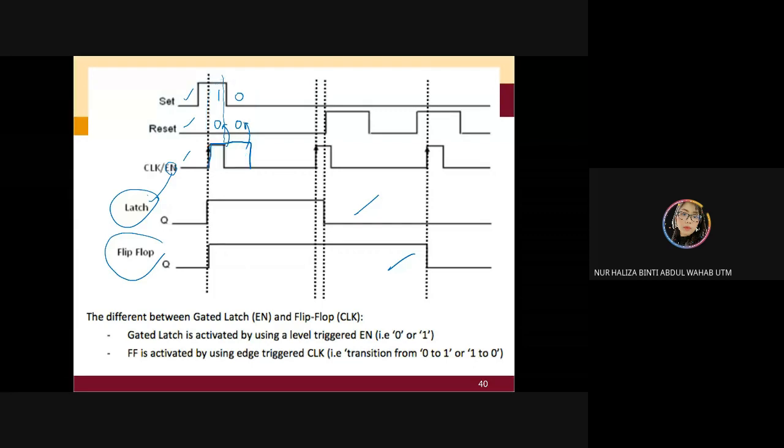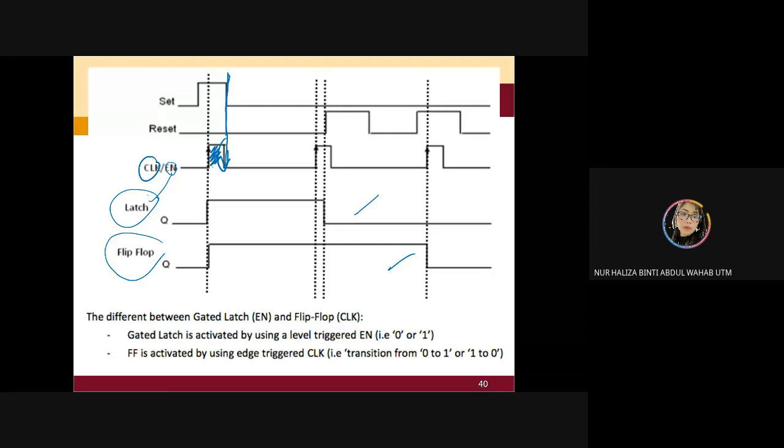But for your flip-flop, you just look at the single line, at the clock only. If it is a positive clock, at this side, and if it is a negative clock, you need to look only at this side.